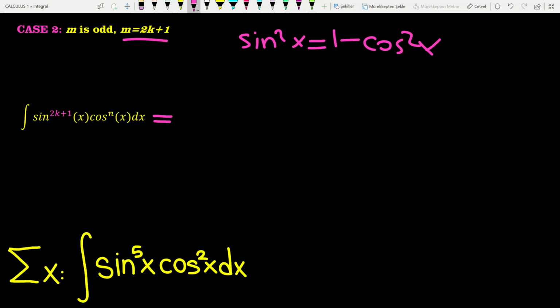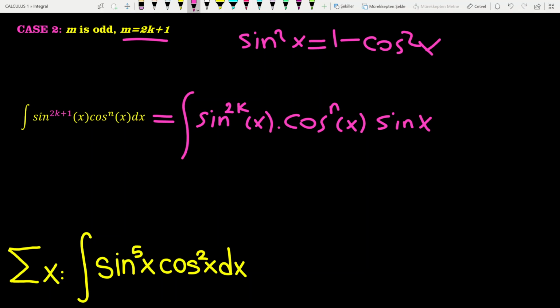Finally, this integral becomes, we first save one sine factor, so we have sine to the power 2k, instead of 2k plus 1, x times cosine to the power n x. We have one more sine, so we have sine x dx.